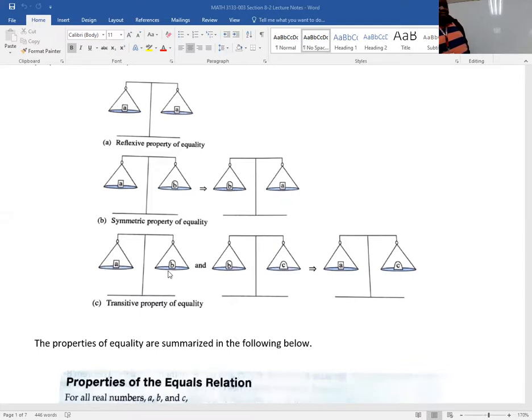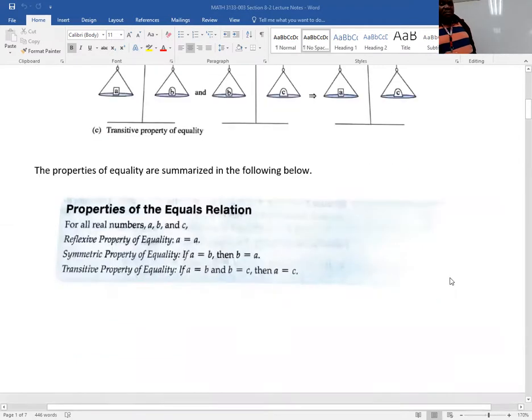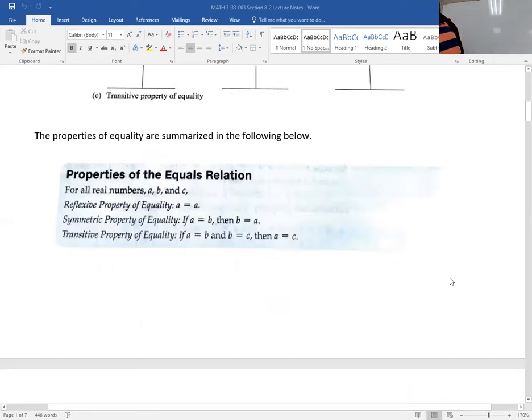Since A is equal to B, I can substitute B with A and say that A is equal to C. And that's just a summary of those three equal relations: the reflexive, symmetric, and transitive properties of equality.